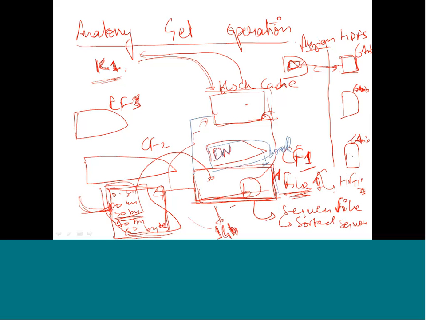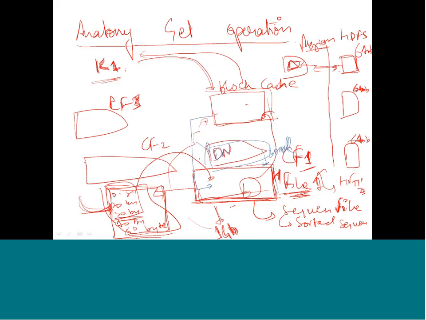If the HFile is local, can't you short circuit this? If the HFile is local to the region server, meaning it's on the same Unix box as where the region server is running, then potentially you can short circuit this. You can say, I don't want to go through this abstraction layer called data node because I know the content I'm looking for is on the box where I'm sitting.